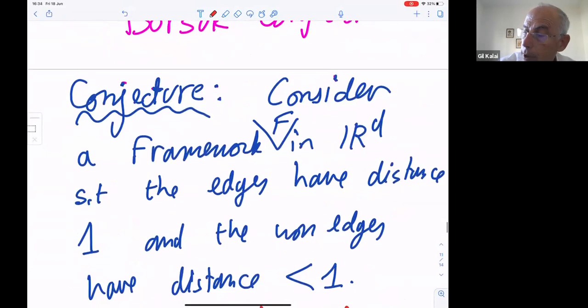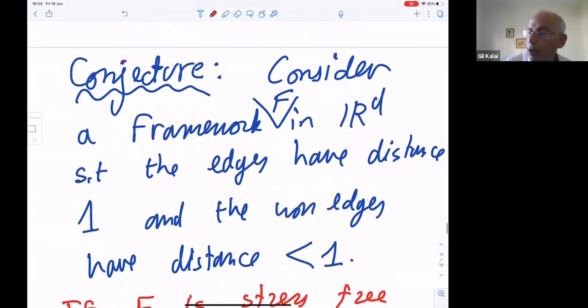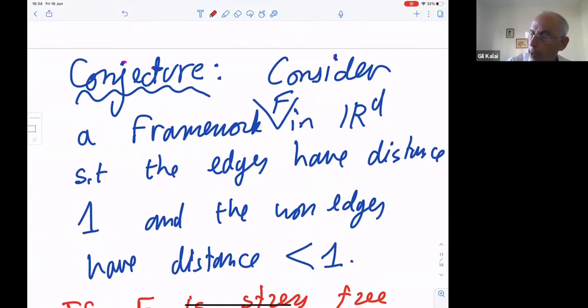So here is the conjecture, and I will state it mainly for the finite version of the Borsuk problem, but you can also extend it to smooth bodies which are not convex hulls of finite sets of points. For a finite set of points, it goes as follows. Consider a framework F in R^d such that the edges have distance 1 and the non-edges have distance smaller than 1.